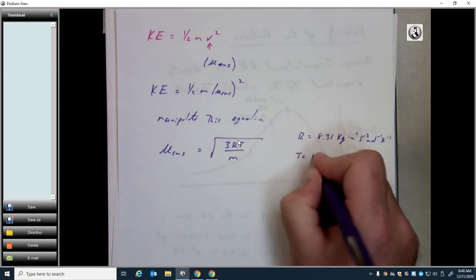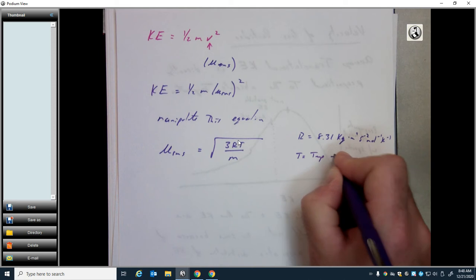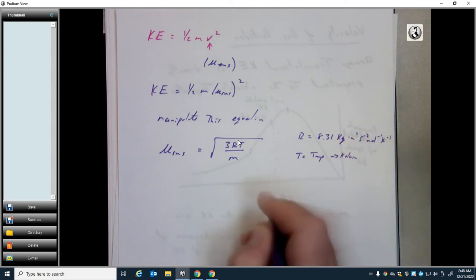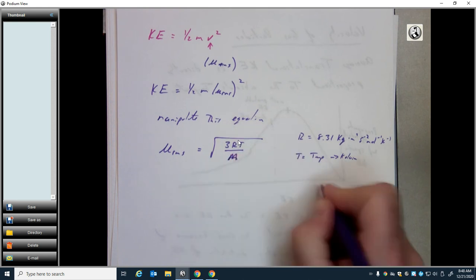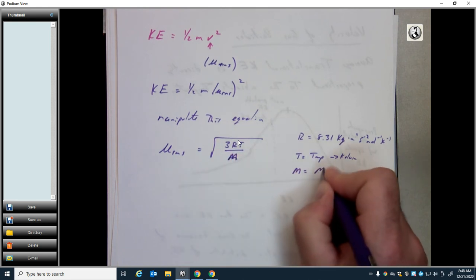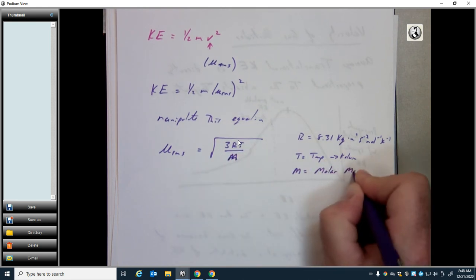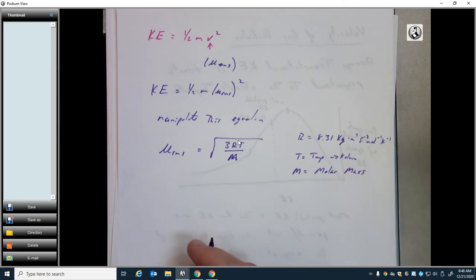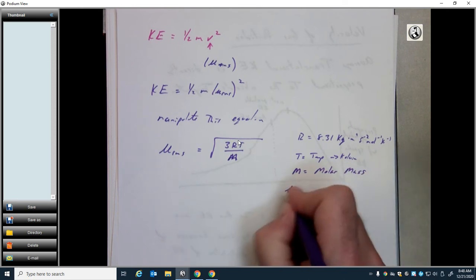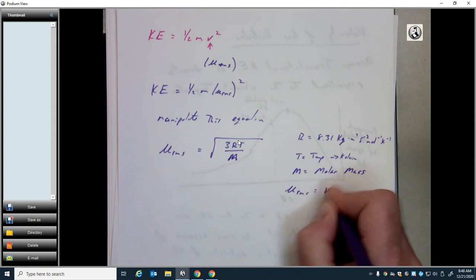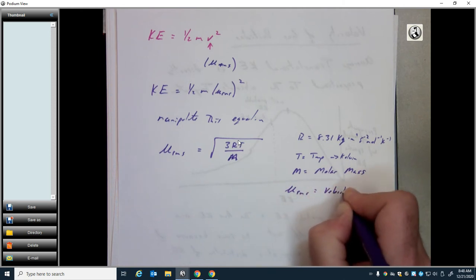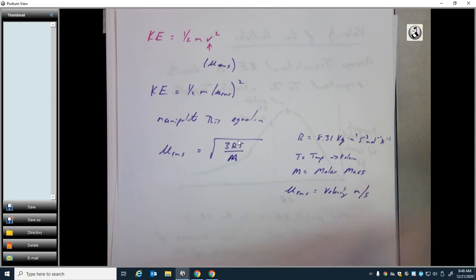T stands for temperature, and it's got to be in Kelvin. M is molar mass. And our root mean square is really our velocity in meters per second.